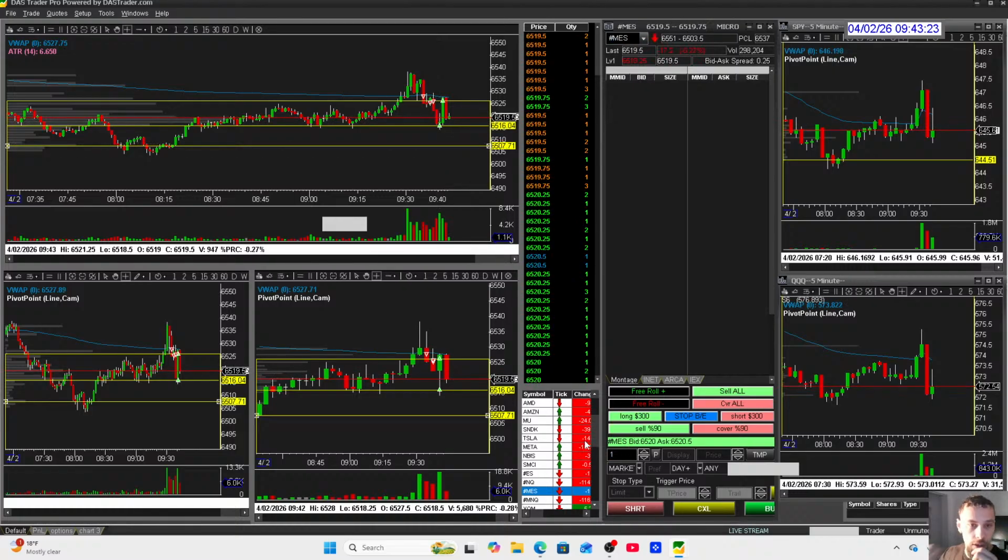Can always get back in this if there's confirmation. Just have to reduce my share size drastically. Had a really good entry. Now we're kind of extended from VWAP. I don't like that.